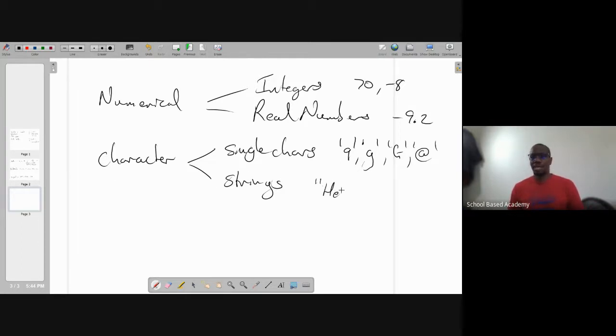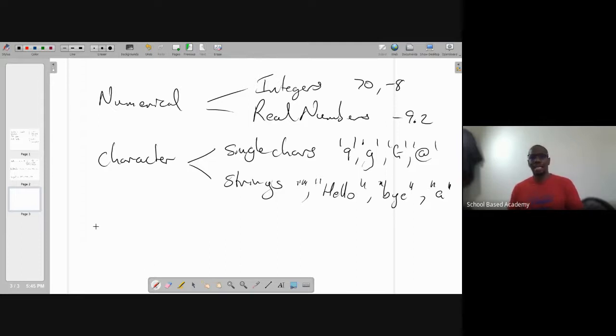So like we have the word hello, the word bye, and we also identify that we could have a single character string. You could also have an empty string, which is something we will meet when we start programming. So a string could have nothing inside of it as well.